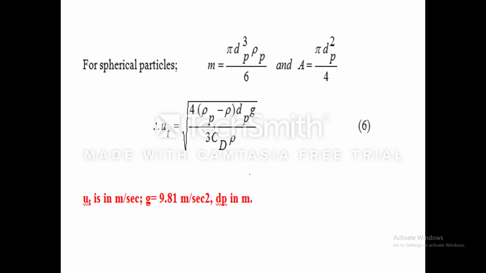For spherical particles, we have m equal to pi dp cubed rho p over 6 and A equal to pi dp squared over 4. So terminal velocity will be square root of 4 (rho p minus rho) dp g over 3 Cd rho. Ut is in meters per second, g equals 9.81 meters per square second, and dp is in meters.